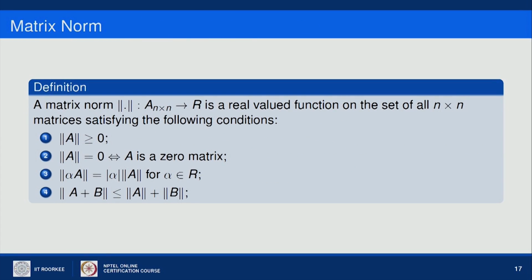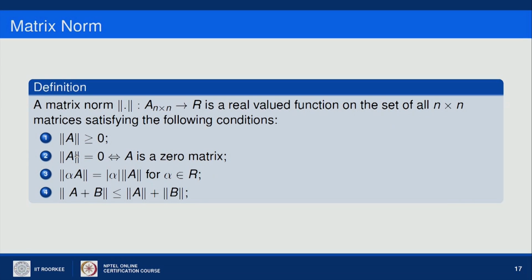A matrix norm is a real valued function which is defined on a set of n by n matrices and satisfies the following conditions. Condition 1, the norm of a matrix will always be non-negative.